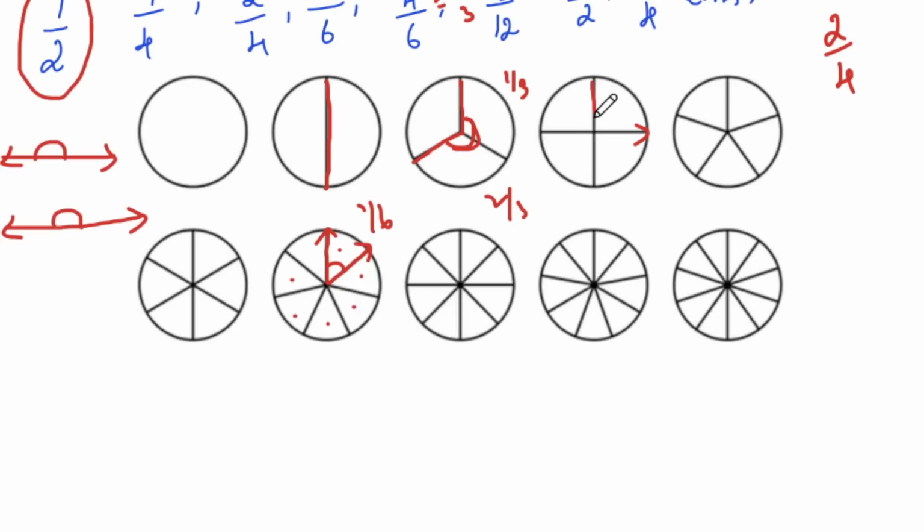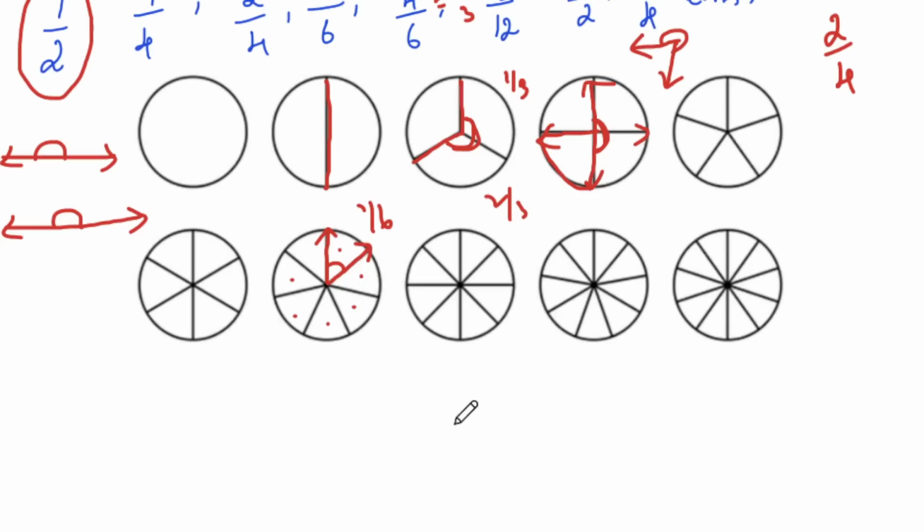So 1 by 2 is a half. Again you have 1 by 4, that is this portion. So it is greater than a half. So the angle which you get is greater than a half.